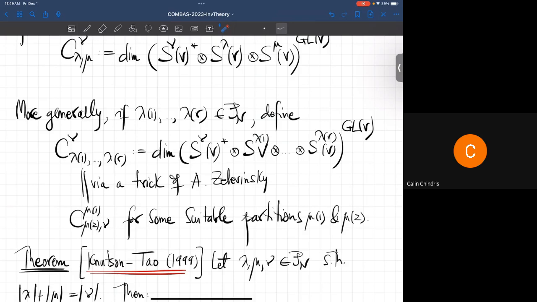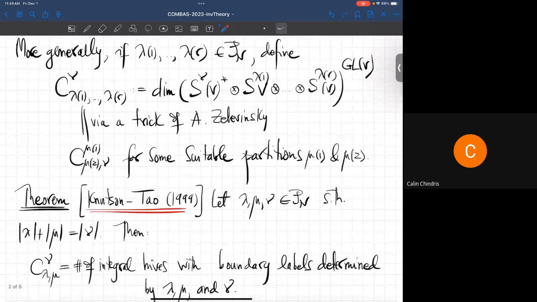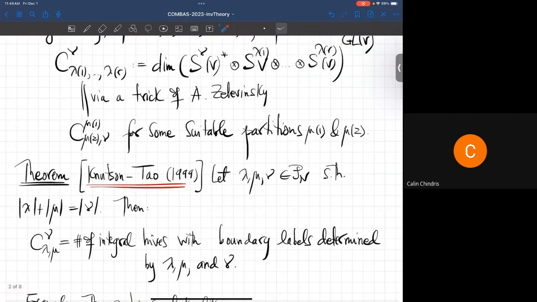And so in 1999, Knutson and Tao came up with the following result.